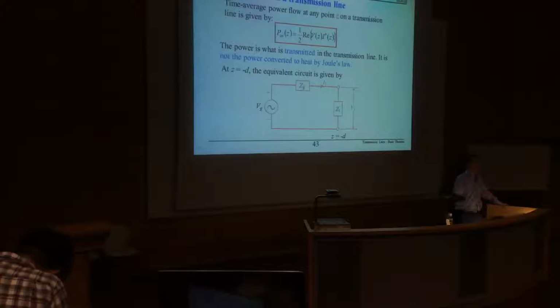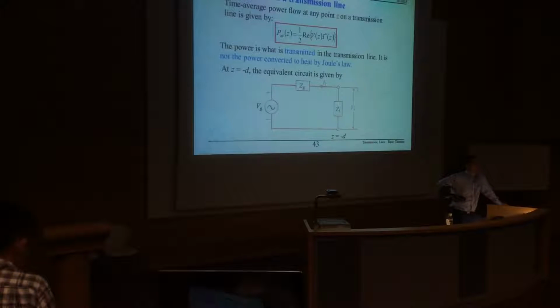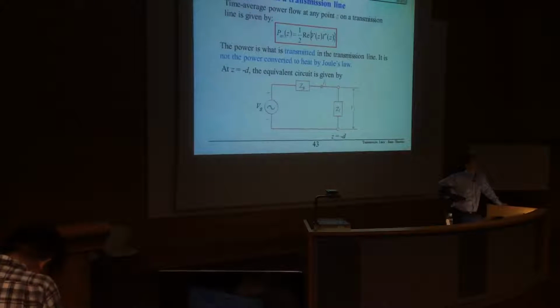For instance, currently a typical linear mobile transmitter has an efficiency of only 20%, meaning 80% of the power is converted to heat, not used. So how to improve those efficiencies is very important. Now let's look at the power flow in a transmission line.